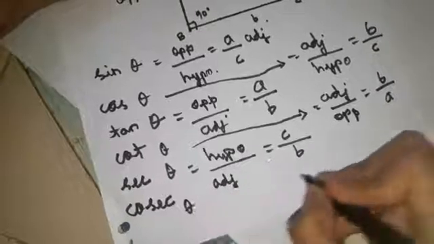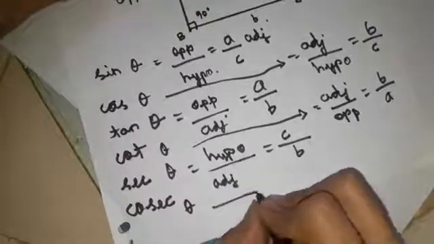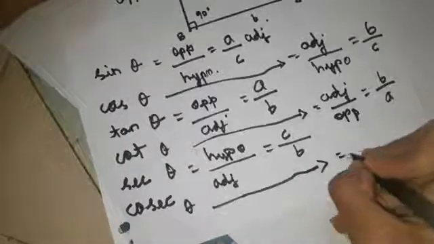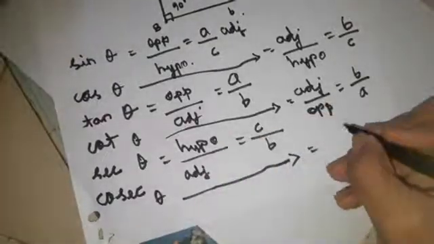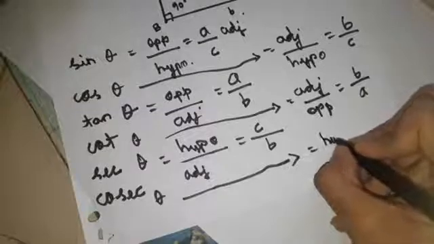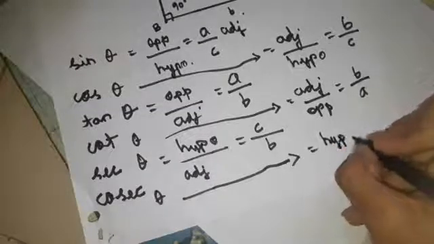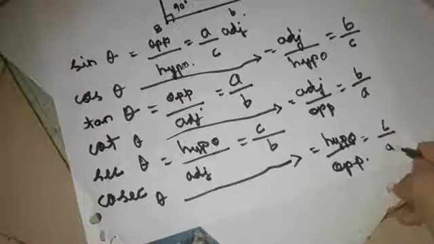The last ratio is cosecant theta, the reciprocal of sin theta. It has the hypotenuse in the numerator and the opposite side in the denominator, so it is small c upon small a.